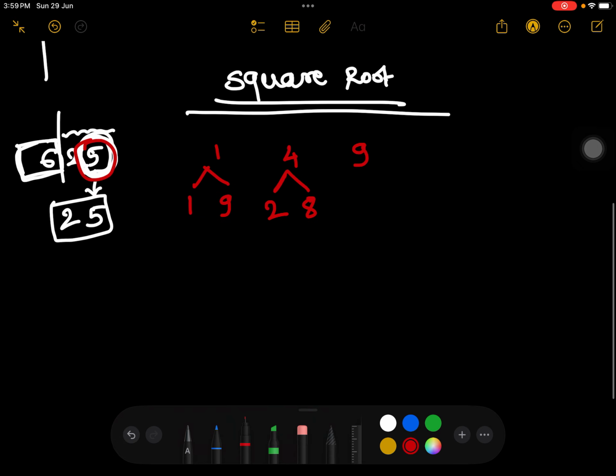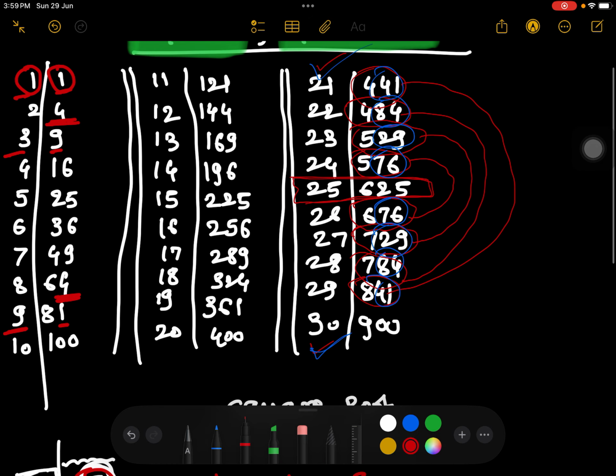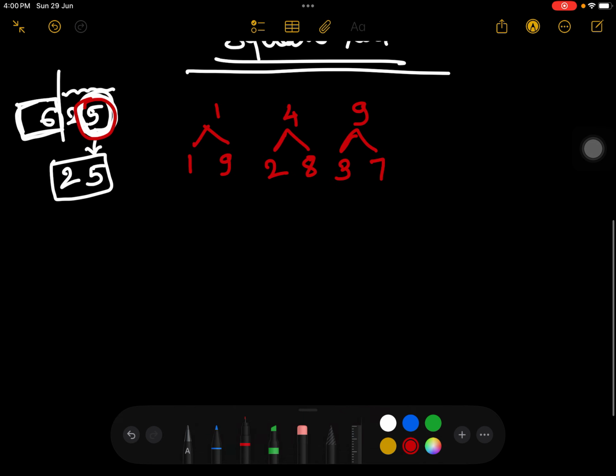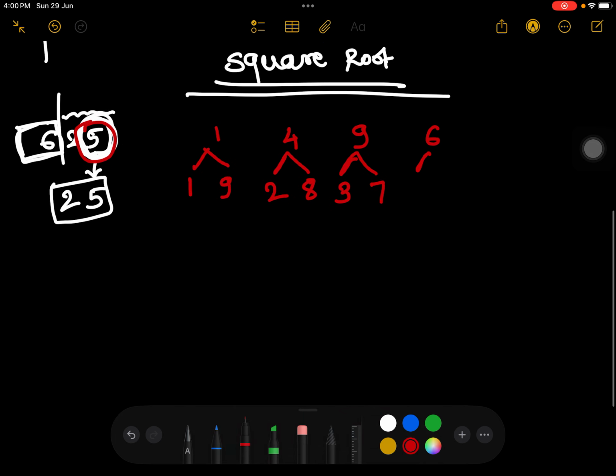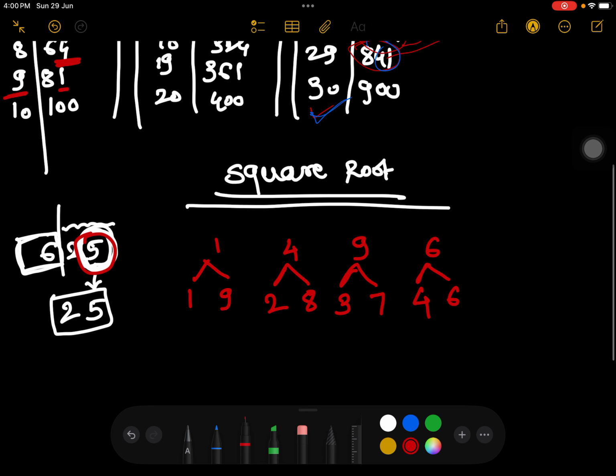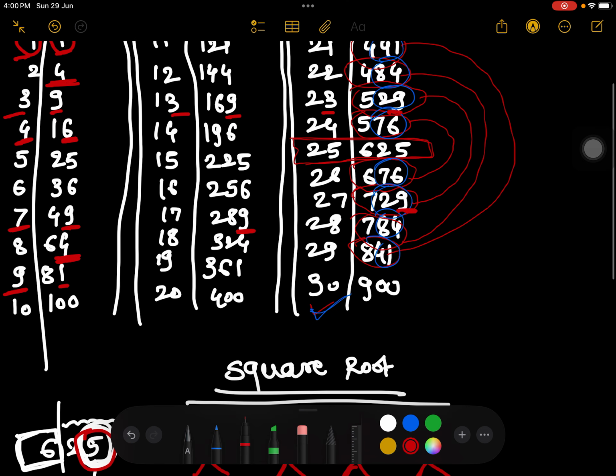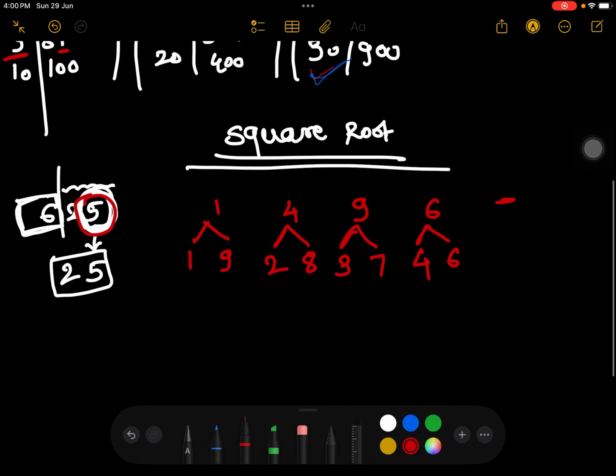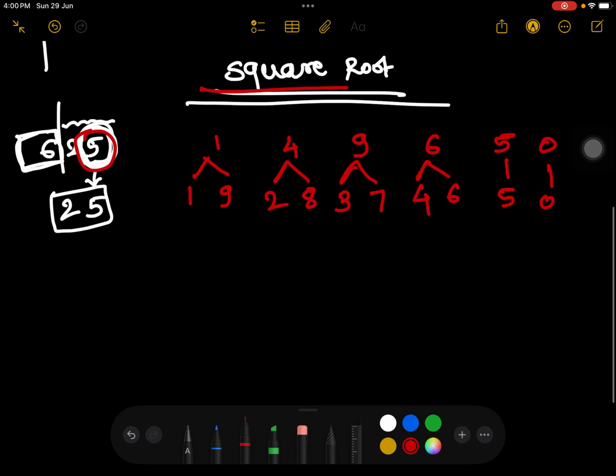For 9, it is either 3 or 7. For 6, it is either 4 or 6. For 5, it comes as 5, and for 0, it is 0. So whenever we have to calculate the square root, first we have to check the last digit.